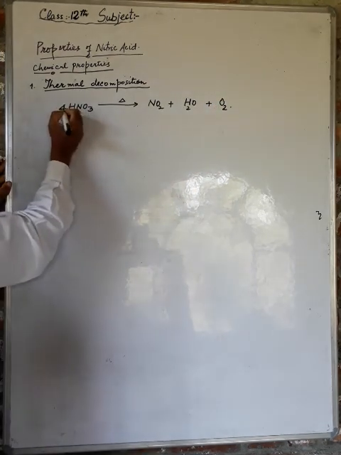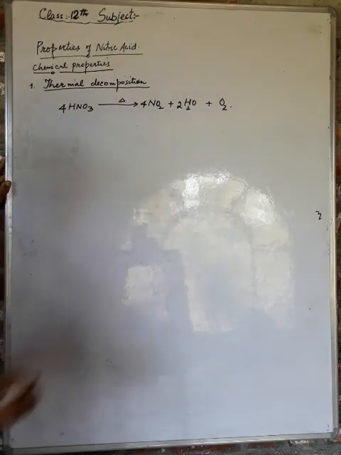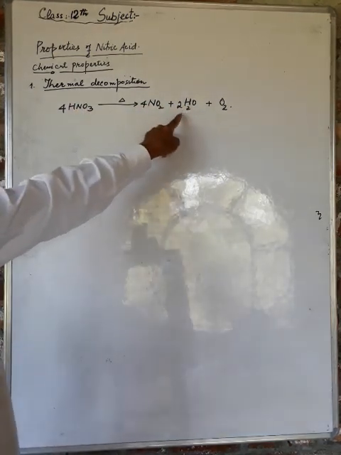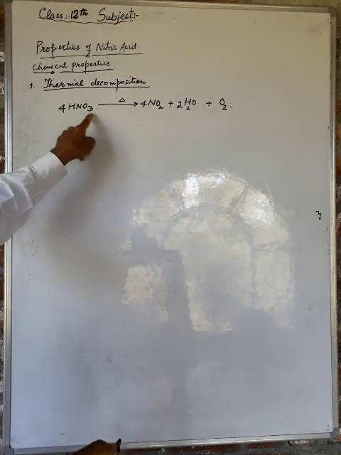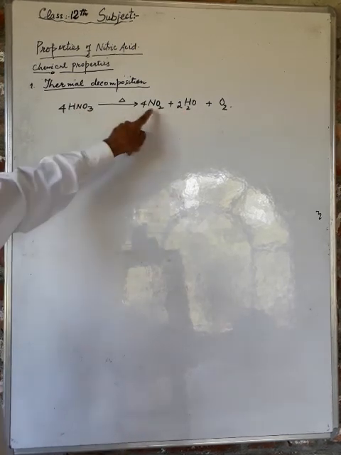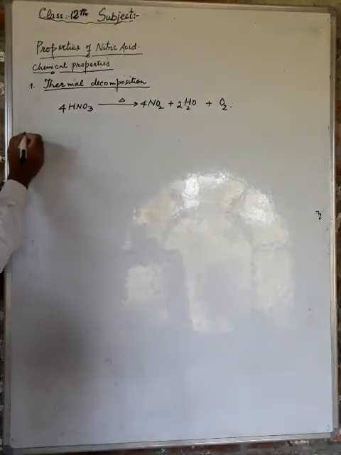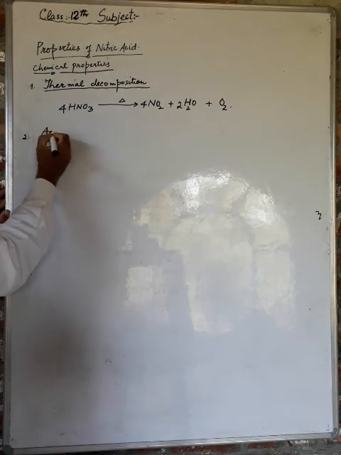This is 4 times, this is 2 times, and this is 4 times. Oxygen: 4 threes are 12; hydrogen 4, hydrogen 4; nitrogen 4, nitrogen 4. Number two is acidic properties.